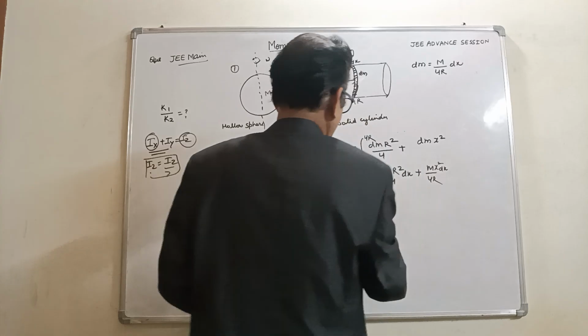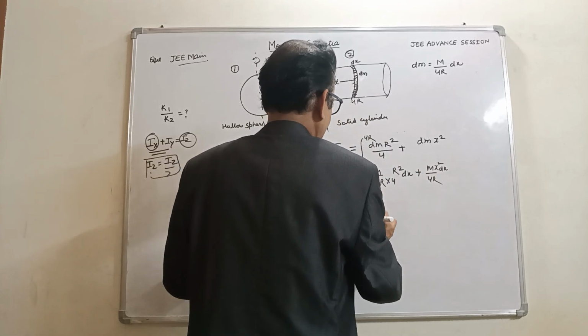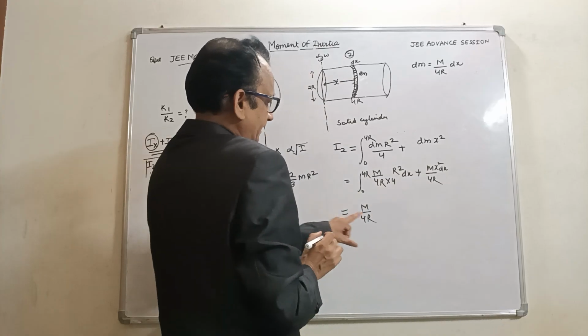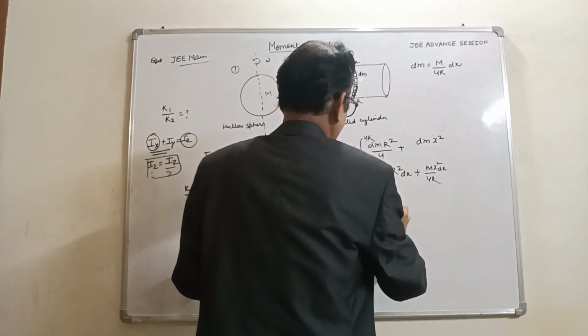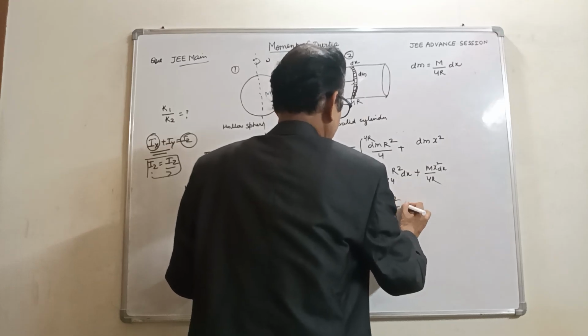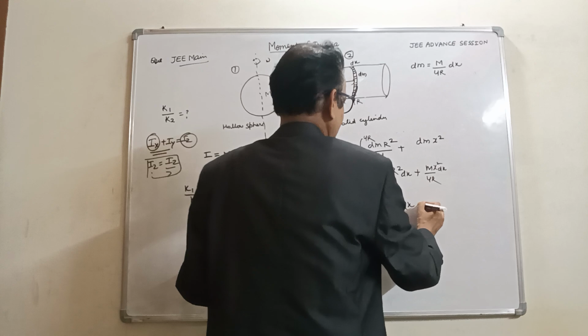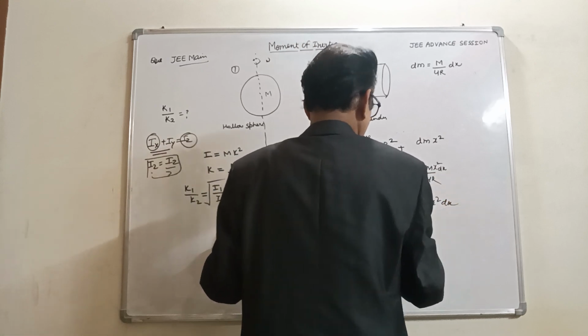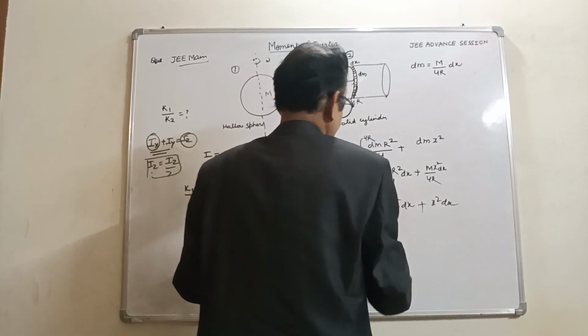So here common m upon 4r would be common here. So this becomes r square by 4 dx plus m upon 4r x square dx, 0 to 4r.